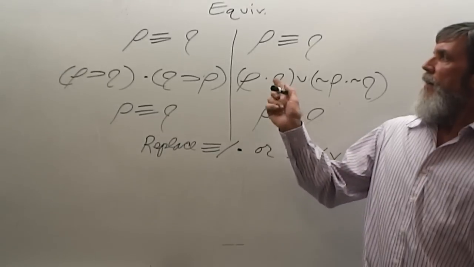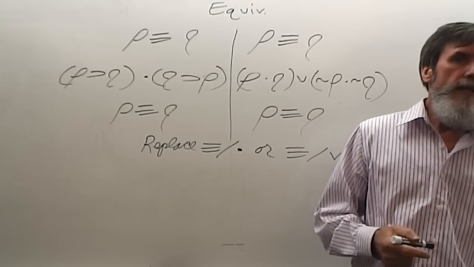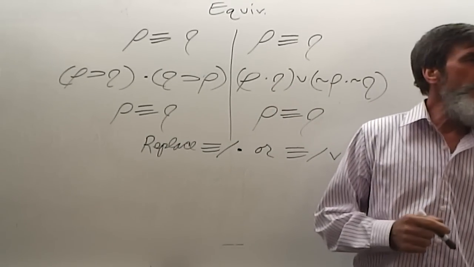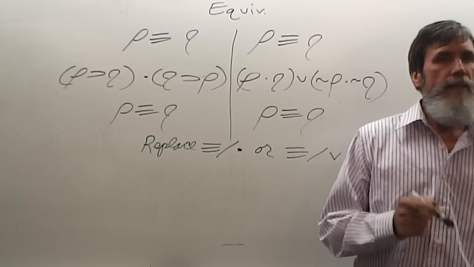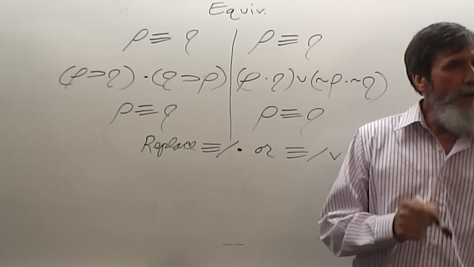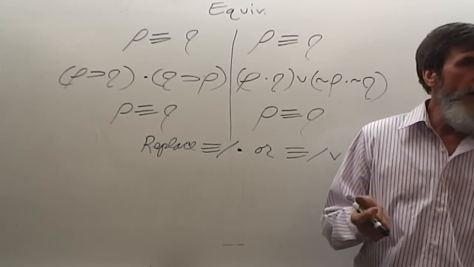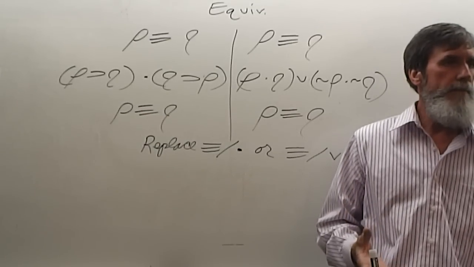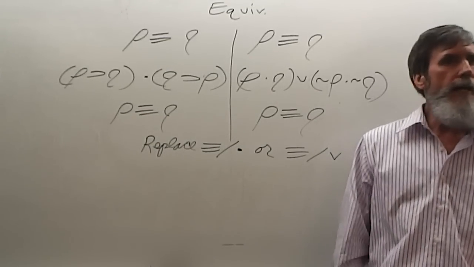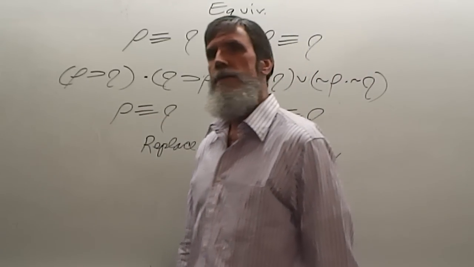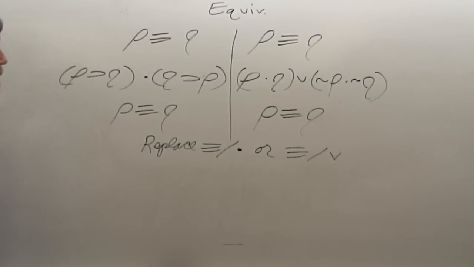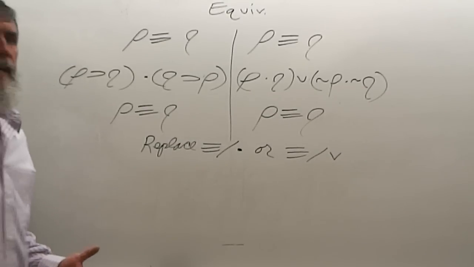So if the argument whose validity we're proving has a tribar in it, most likely we're going to replace that tribar with the dot or the wedge because you could do so much more with them. Okay? Simplification, disjunctive syllogism, etc. All right, those are our 10 rules of inference.